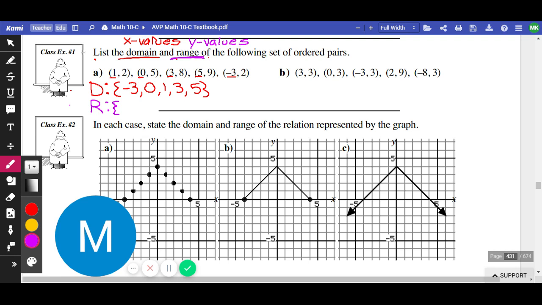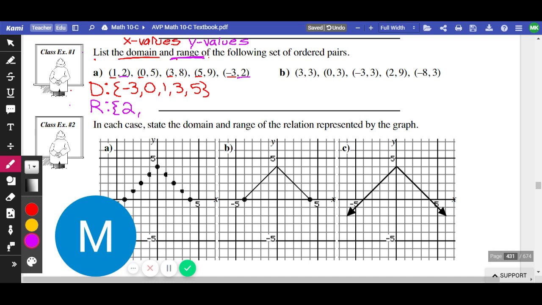So for this question, if I want to do my possible y values, I list them from lowest to highest. My lowest y value is 2, and I actually have 2 of them. You only have to put it once. I'm not asking how many y values there are, I'm asking what are the possible y values. If I say 2 is a possible y value, I've covered both of them.